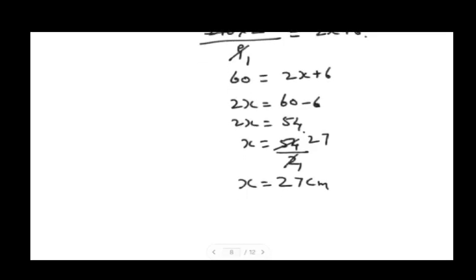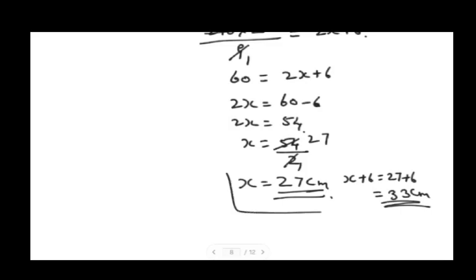So we've got one side which is 27 centimeters, and then we have the other side which is x plus 6, which is nothing but 27 plus 6. So 6 plus 7, 13, 33 centimeters. It's centimeters. So what is your statement going to be, children?